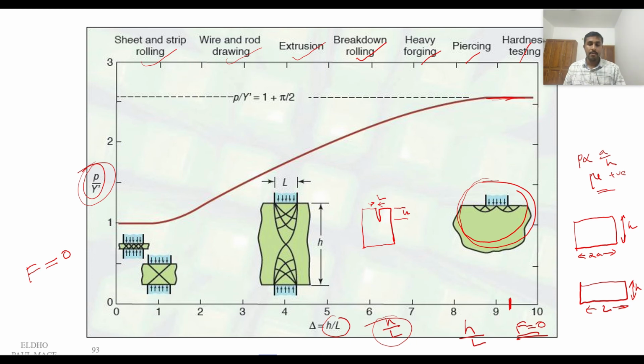This is L. So in case of hardness testing, the S by L ratio is very high.